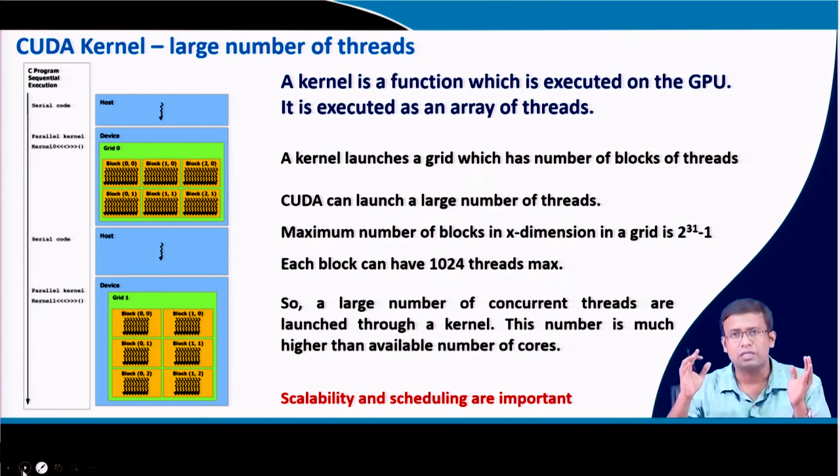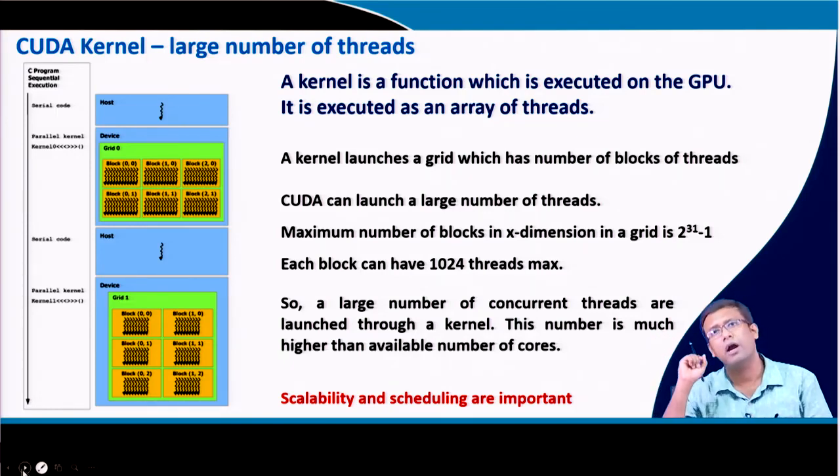However, a thread will go to a core, but the total number of threads that can be launched can be much more than that, and therefore it becomes important how we assign threads to the cores. We have a large number of cores, so it's a massively parallel system, but we have many more threads.